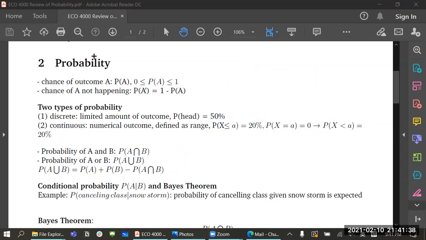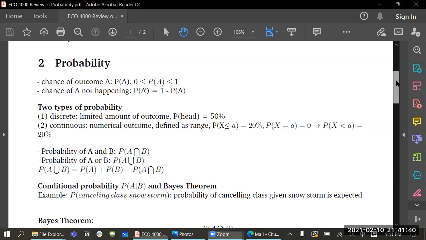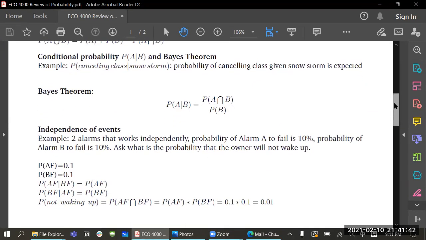Now we move on to conditional probability. Some people find it difficult. Conditional probability is probability A conditional on B. Look at this vertical line here. We call it conditional on B or given B. Probability A given B. What does it mean? It means B already happened.